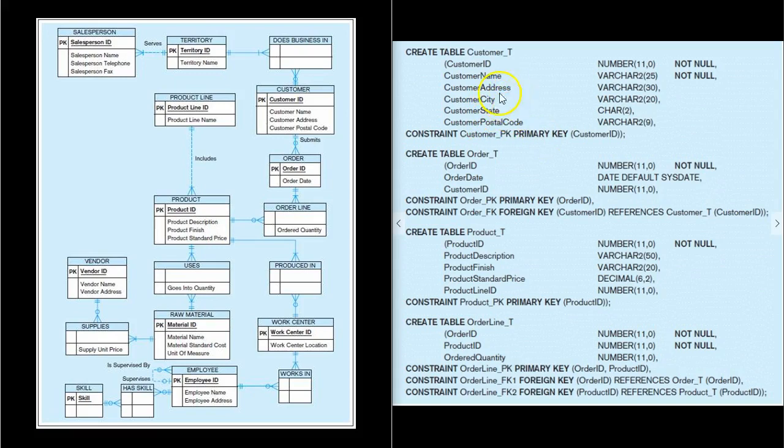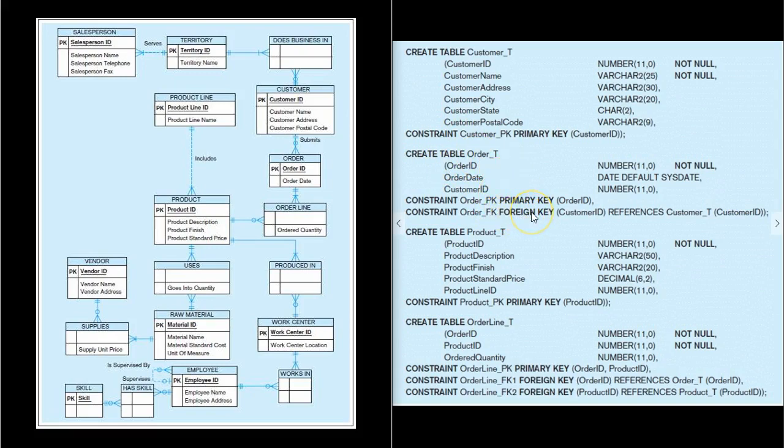But in any event, we also create the order table, which is just below that, which has an order ID, which is the primary key, which is defined right down here as a constraint.